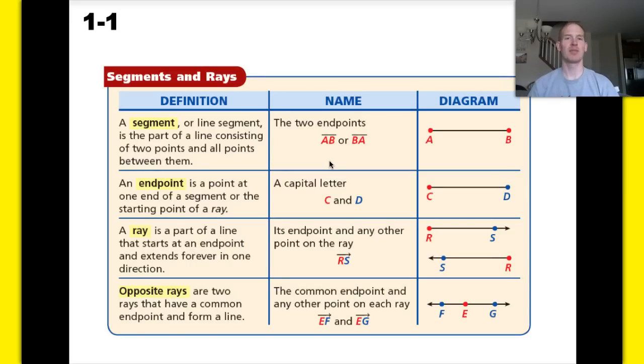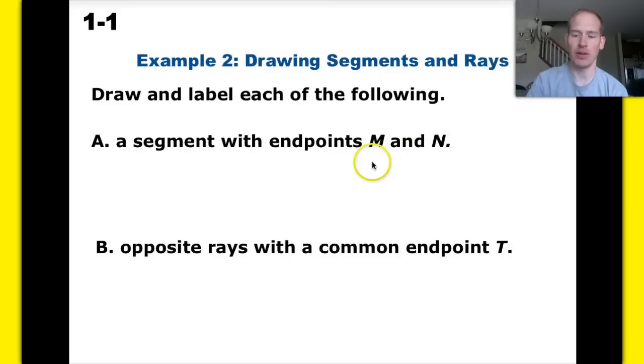A segment, or a line segment, is the part of a line consisting of 2 points and all points between them. Notice a way to name it: segment AB, with just a segment above, no arrows. Segment BA is the same segment.